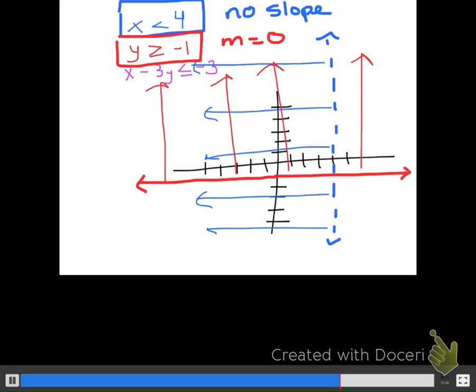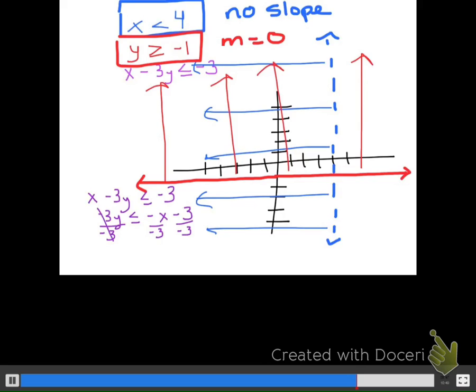All right, now we look at the third line and notice it is not in slope-intercept form, so we have to get that y by itself. So the first thing, we have an x, so we need to bring it over to the other side. So we're going to subtract x. So it becomes a negative x minus 3. We divide everything by a negative 3 to get rid of that negative 3 times the y.